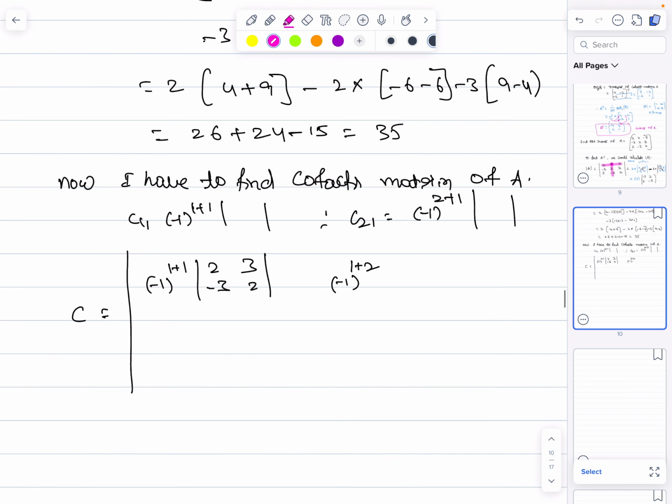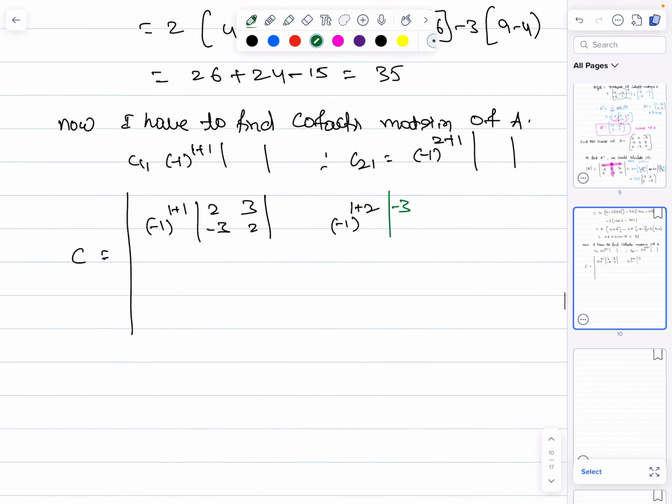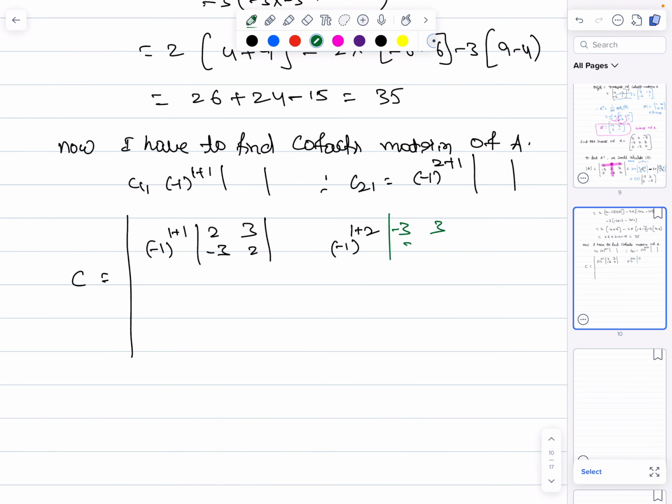The matrix determinant is minus 3, 3, 2, 2. Similarly, the third position is 1 plus 3. You are writing the rest of the elements that are left, that is minus 3, 2, and then 2 minus 3. This is the matrix.